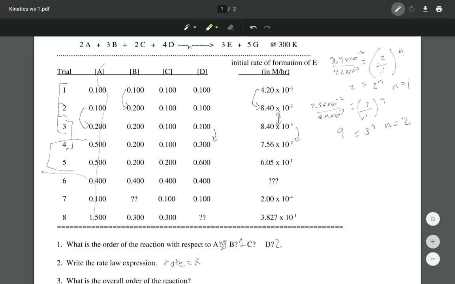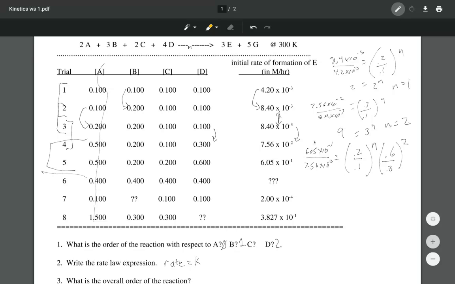So let's compare trials 4 and 5, where we have 6.05 times 10 to the negative 1 over 7.56 times 10 to the negative 2 equals, and then for C, we've got 0.2 over 0.1 to the n, but we also are going to include 0.6 over 0.3 squared because D is also changing.